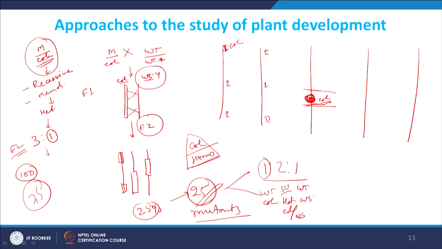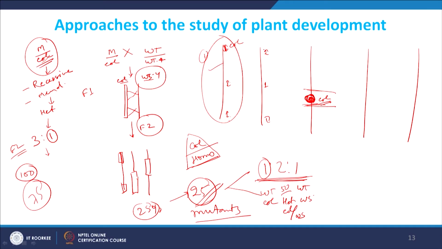This is a typical Mendelian pattern here. So, what I do is check different regions of the chromosome, and if, let us assume on chromosome number 1, all 3 markers show independent assortment with respect to the phenotype, if they are giving a 1:2:1 ratio for these markers, it means that my mutation is not present in this chromosome.